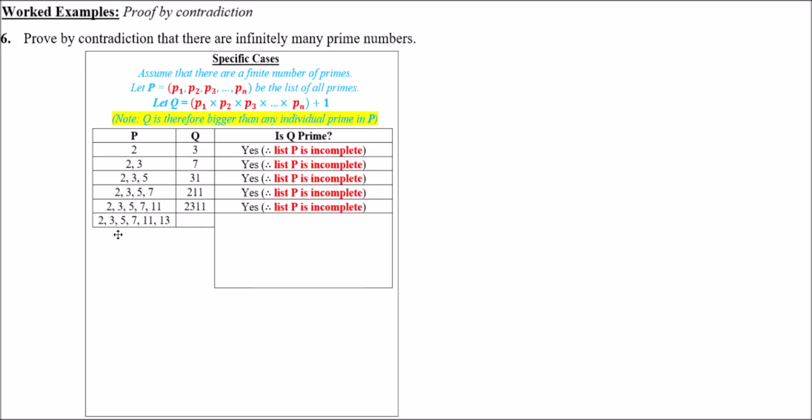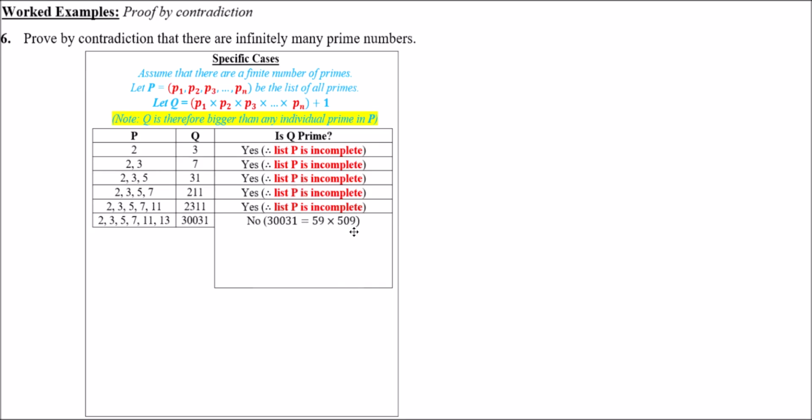Imagine someone naively thinking that's all the primes there are. We then add 1 to that when we multiply them all together. We get 30,031 like we did in the warm-up. Now that isn't prime. It's not prime because the prime factor decomposition of 30,031 is 59 multiplied by 509.